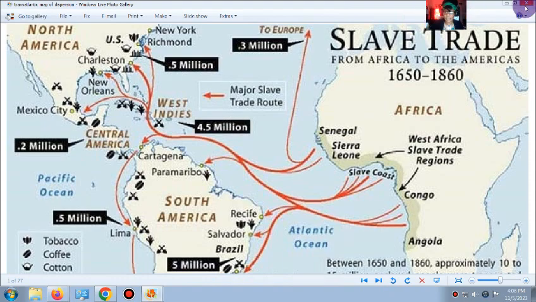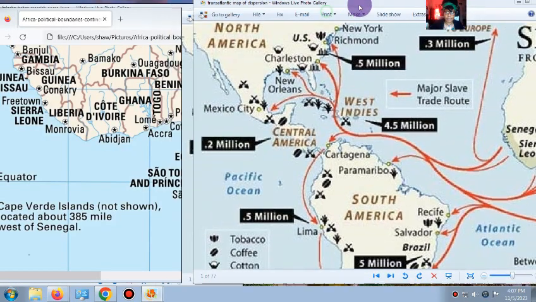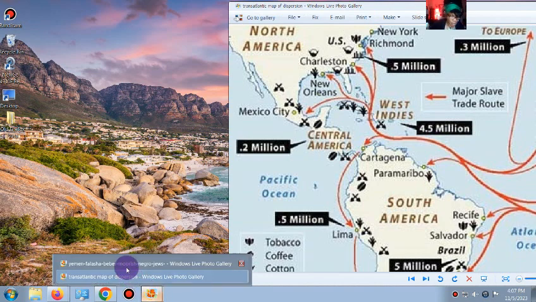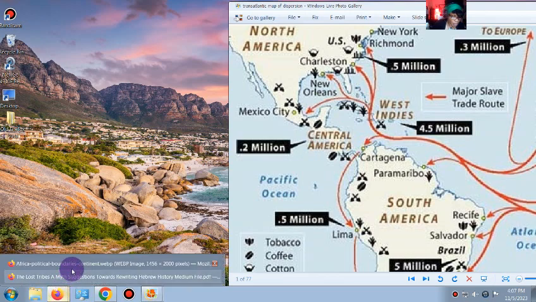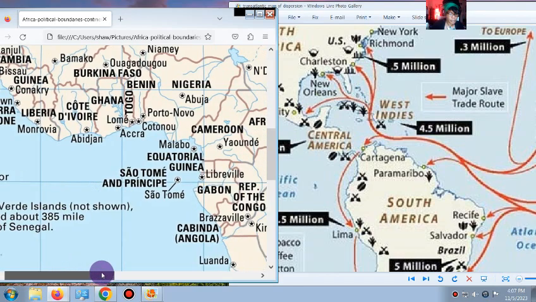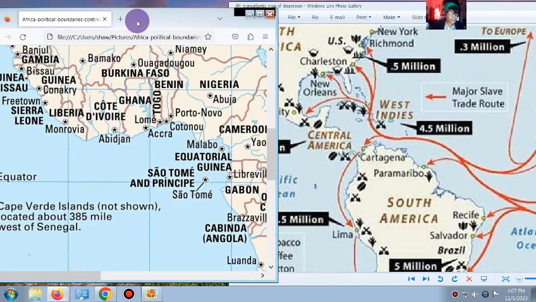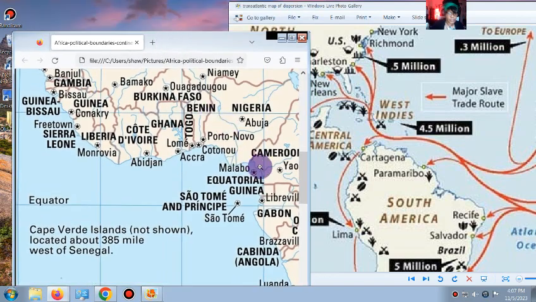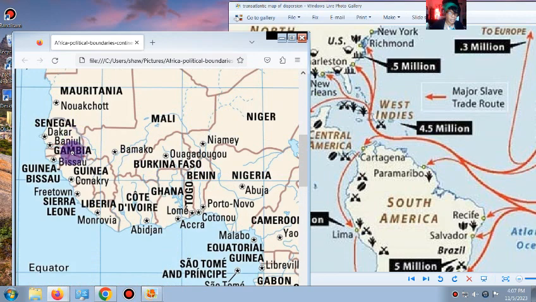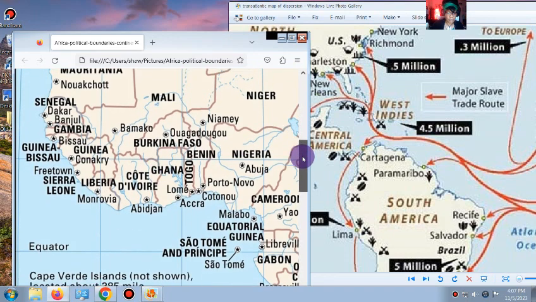Now the same areas on this map: Senegambia, Sierra Leone, West Africa.